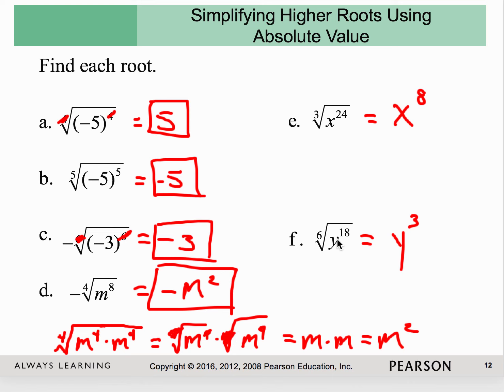All I have to do is figure out how many groups of y to the 6 I can make. It's because I could change that to y to the 6, y to the 6, y to the 6, right? 6, 12, 18. So how many of these are there? There's 3 of them. All right, practice that. Let me know how it goes.